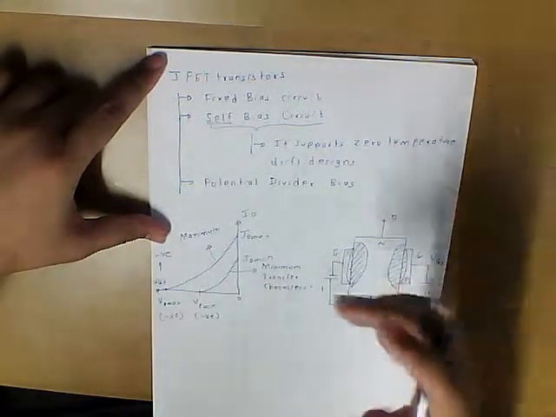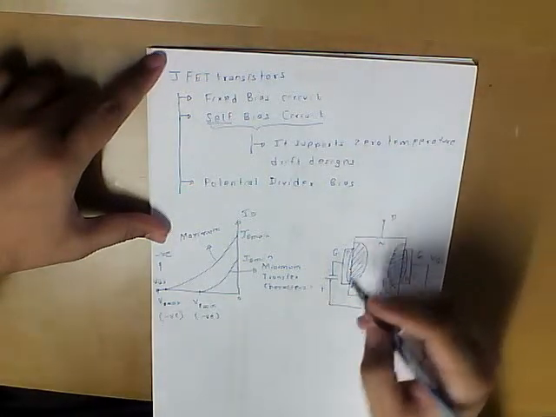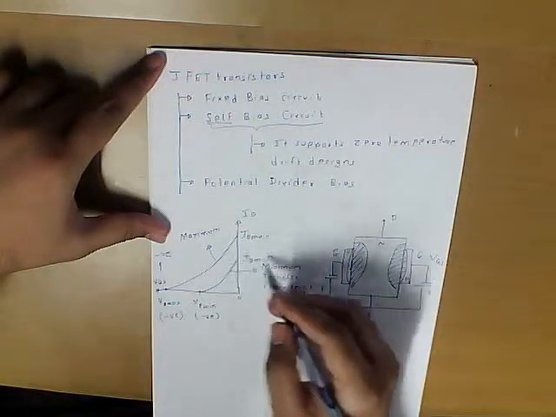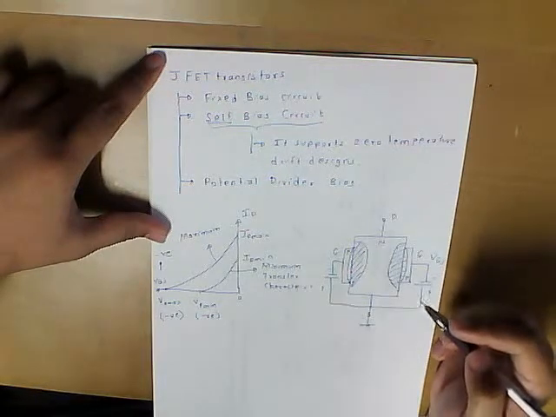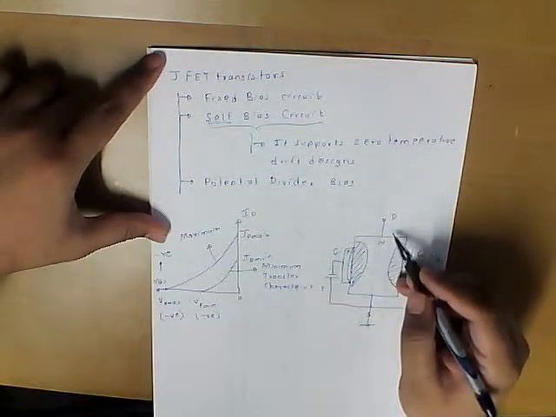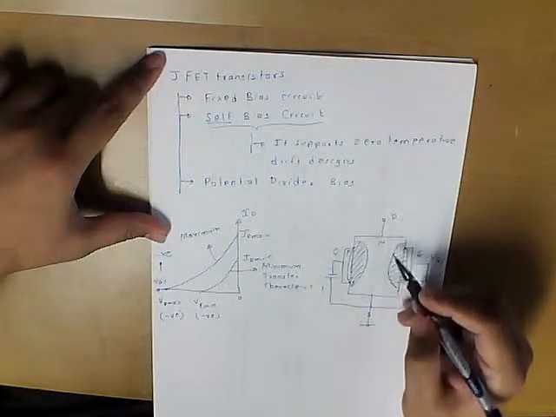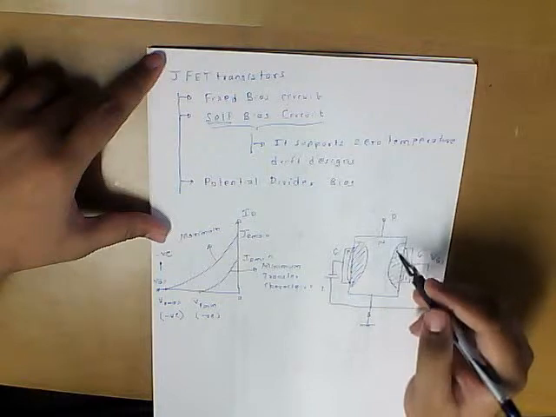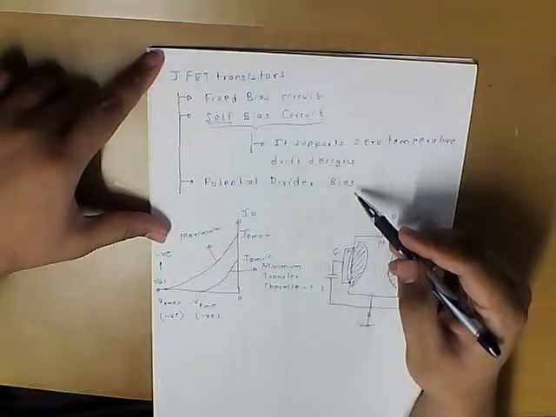All these biasing techniques ensure that my VGS is always negative, and the drain current always flows from the drain to the source, and it has a reasonable limit, so it doesn't exceed the maximum current rating of the JFET. So that is the basis of JFET biasing.